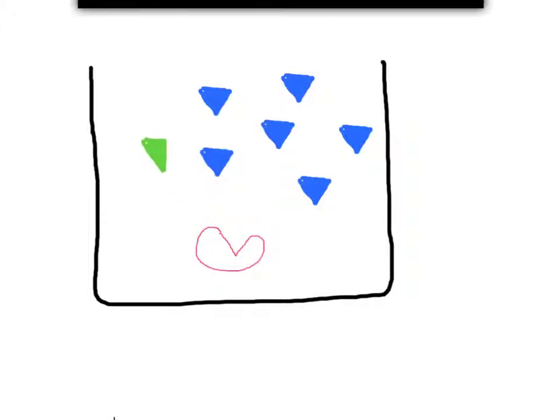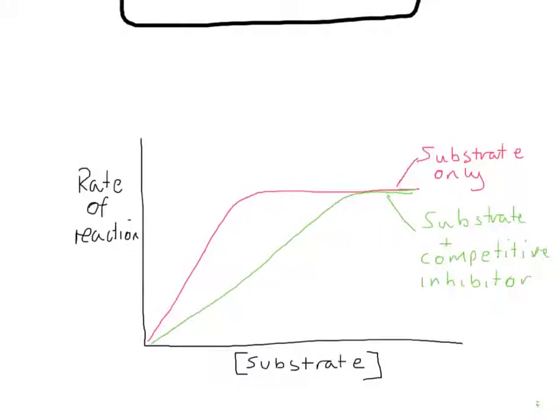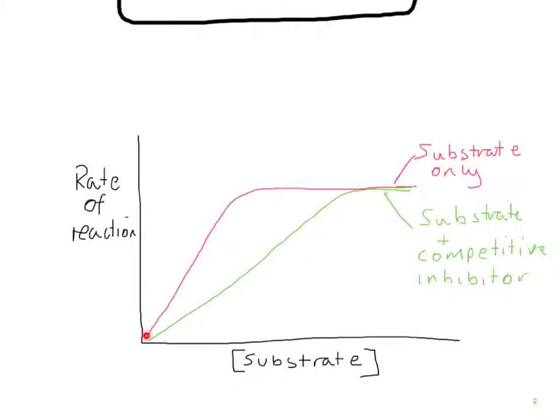And if you represent that graphically, here I've got my normal curve for my enzyme with substrate with no inhibitor present. Now here I've got another curve. The green curve shows the effect with the substrate with a competitive inhibitor added. So we've got our substrate concentration increasing, and at low substrate concentrations there is a degree of inhibition, because at these low substrate concentrations the inhibitor has quite a high probability of colliding with the enzyme and making enzyme inhibitor complexes.